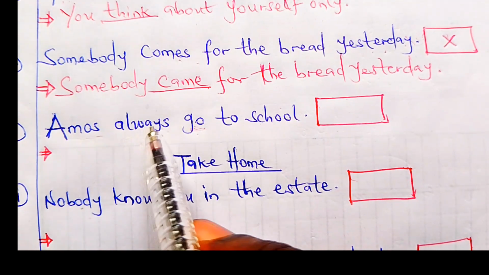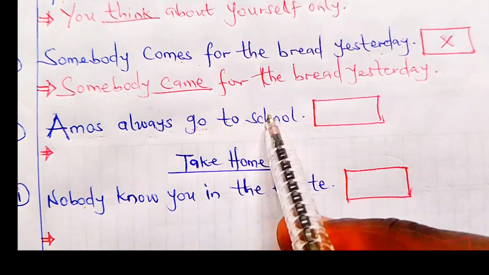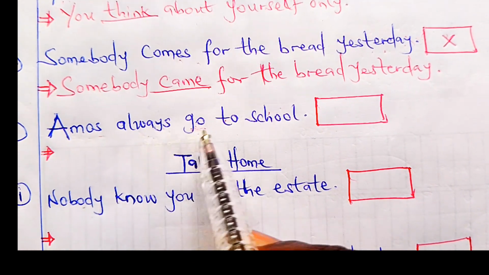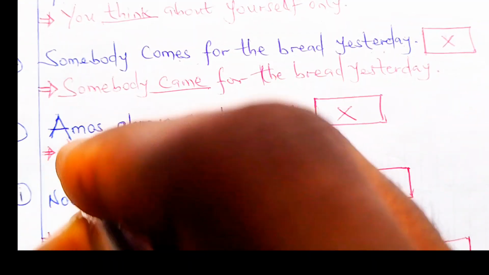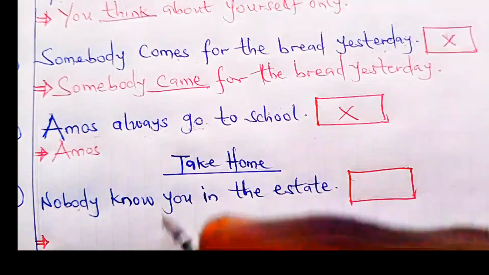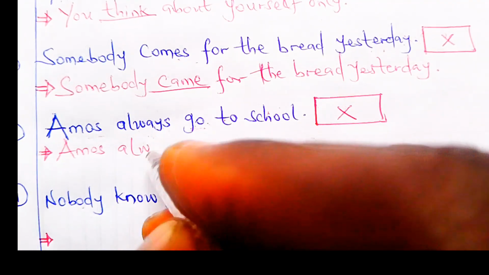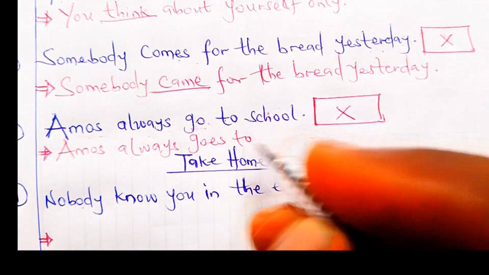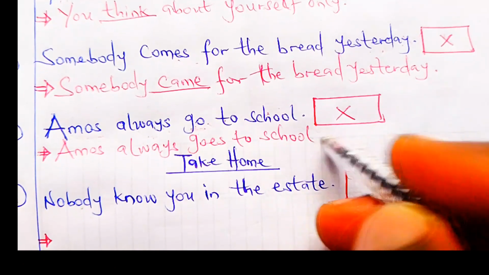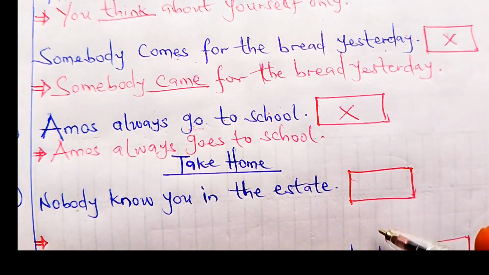So it should be Amos goes to school always, or Amos always goes to school. So this is not well used. So the right thing is Amos always goes to school. Amos always goes to school.